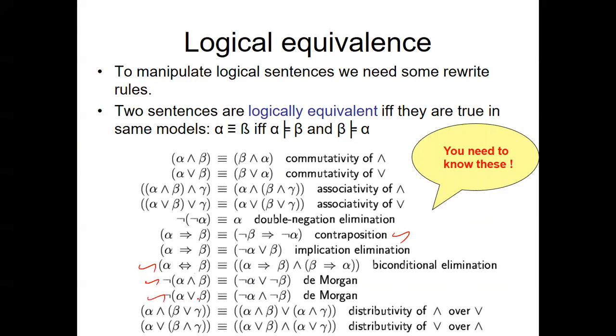And not of alpha or beta can be represented as not alpha and not beta. And this is distribution of conjunction over disjunction: alpha and beta or gamma is equivalent to alpha and beta or alpha and gamma. Similarly, alpha or beta and gamma is equivalent to alpha or beta and alpha or gamma.